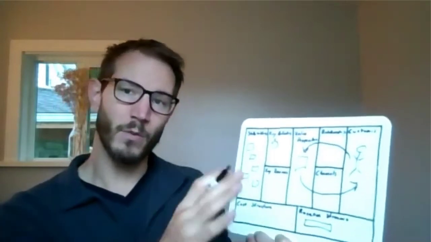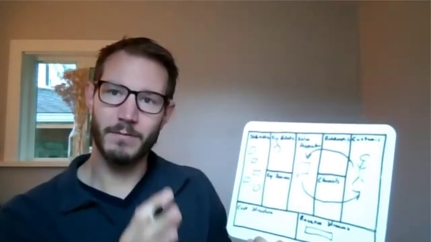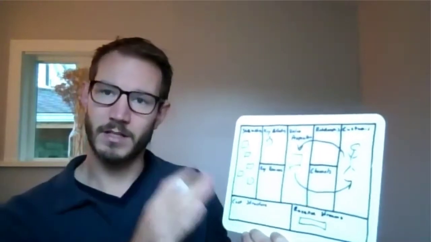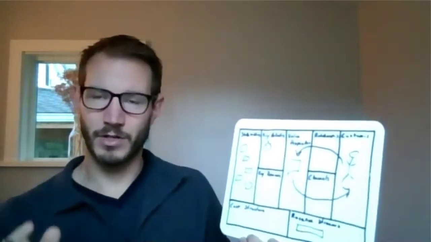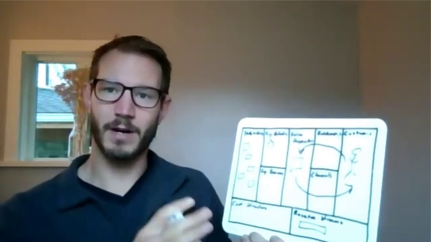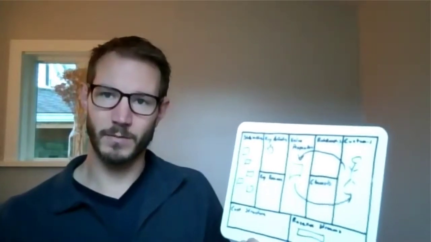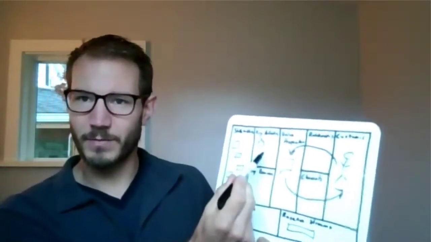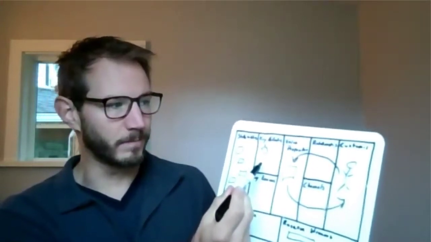I might have a key activity of new product development. I might have made one coffee cup to start, but I might be innovating on that coffee cup. And so it might be critical to my business model to continue to innovate and create new versions of it, new designs and better functions and features for my customers. The activities are all of the critical things you need to be doing as an organization.